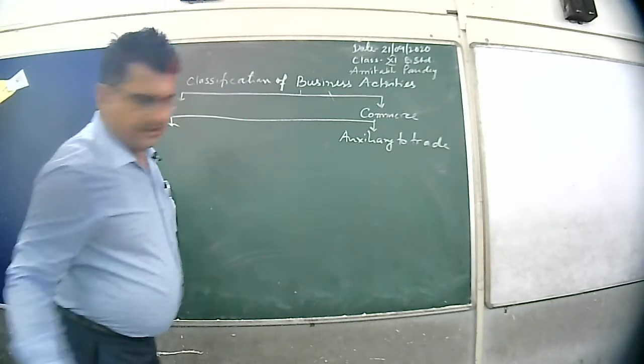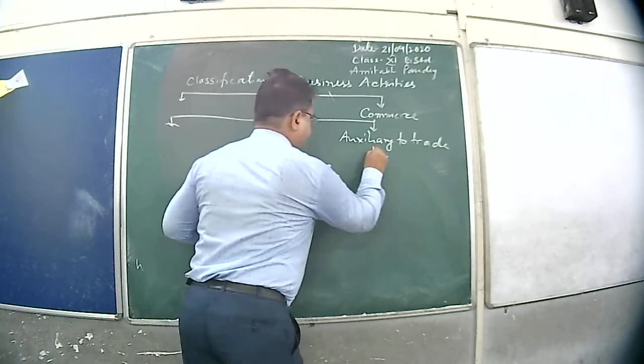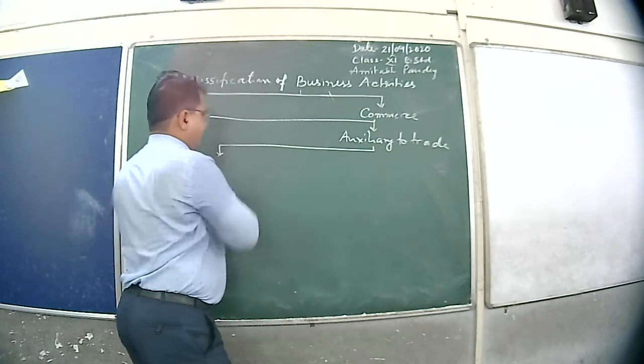Auxiliary to trade are mainly service offering entities.